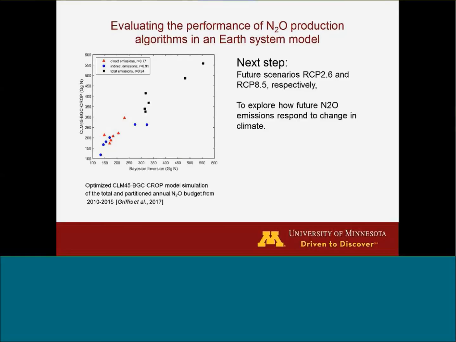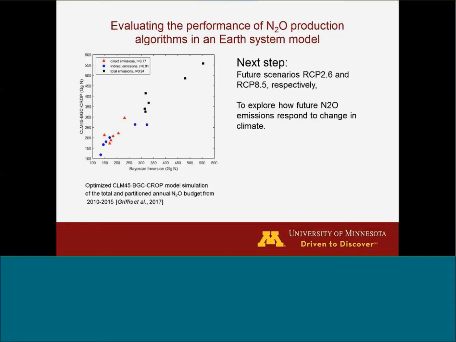Currently, I'm trying to evaluate the performance of N2O production using a community crop model, based on the tall tower measurement. Based on that, I try to optimize the community model, the surface model, and try to reach a good fit.